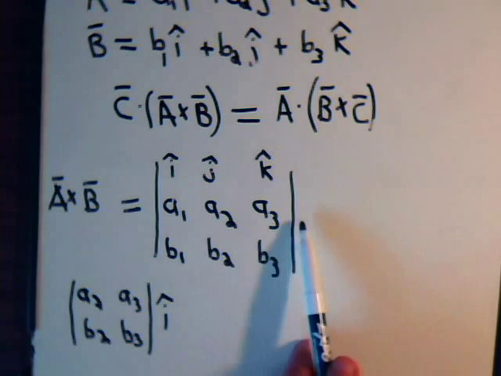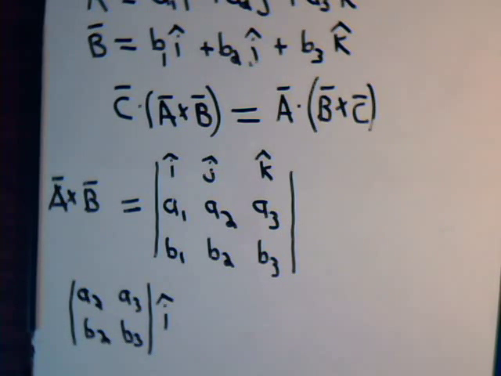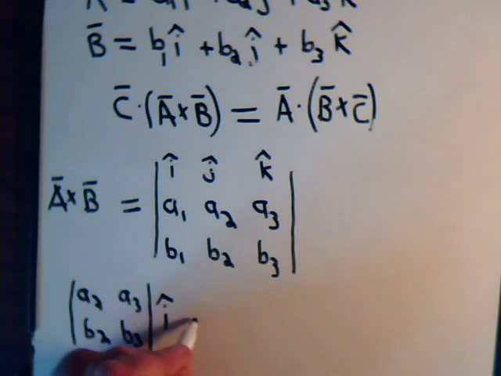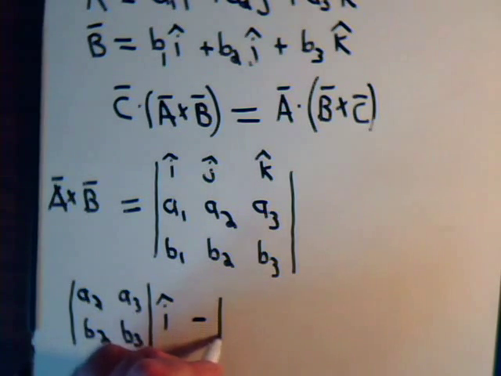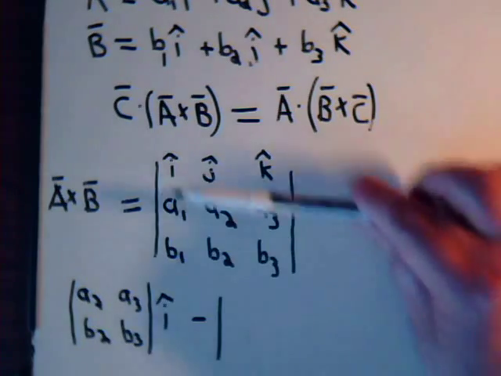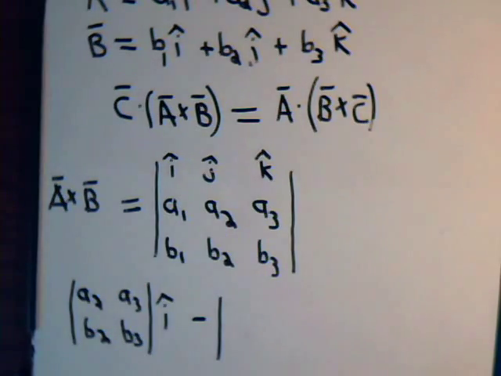And then we expand across, let's say, the top row, so we'll have minus J. When we cover up the first row and the second column, we will have A1, B1, A3, B3.